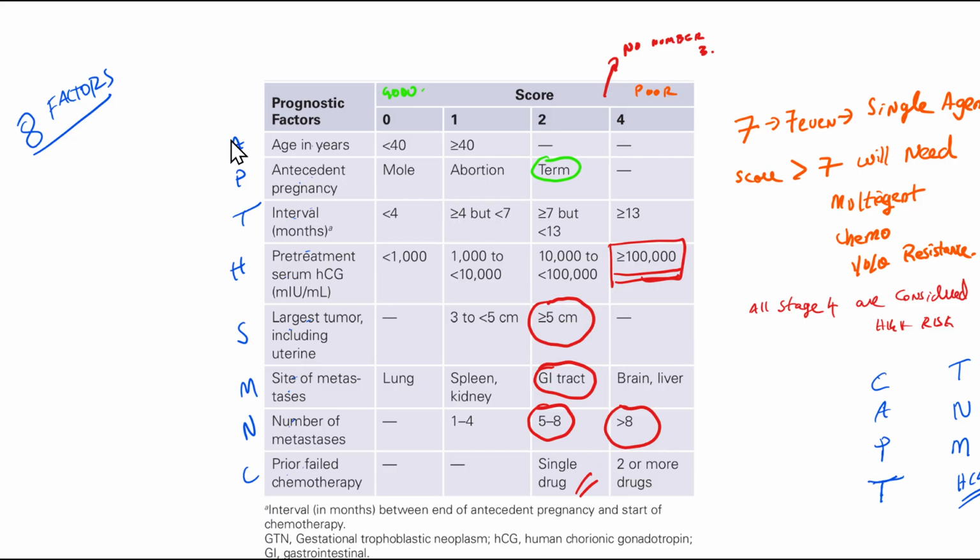Now the age, and so there is no three in the score, so it's one, two, and four. The HCG score of zero is less than 1,000. Score of one is 1,000 to 10,000. Score of two is 10,000 to 1 lakh, and four is greater than 1 lakh.